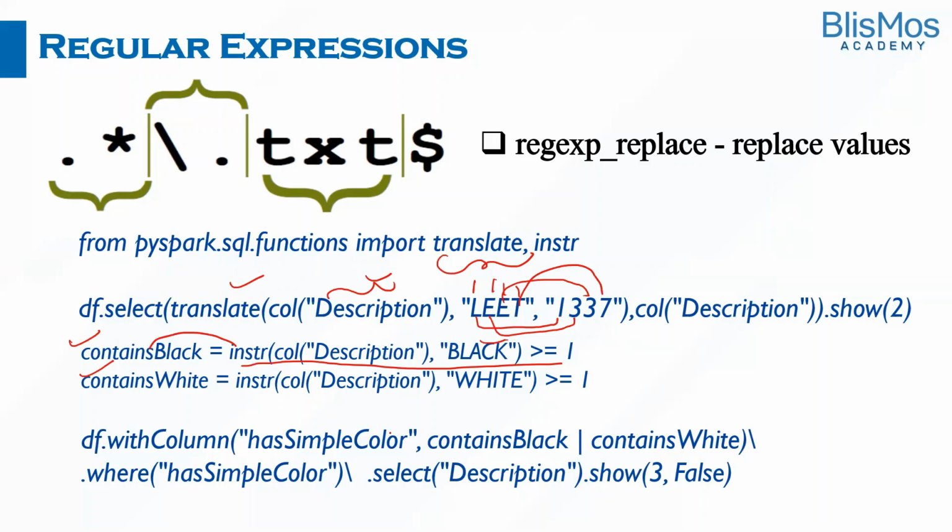The same is the case with white, and we use that as a part of our expression here. In a way, we are trying to see whether this particular black or white is there in the column called description. If it has, there will be some boolean value. If it is not there, it will say false.